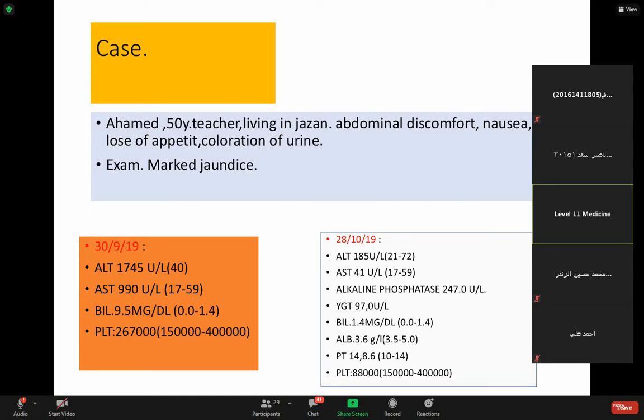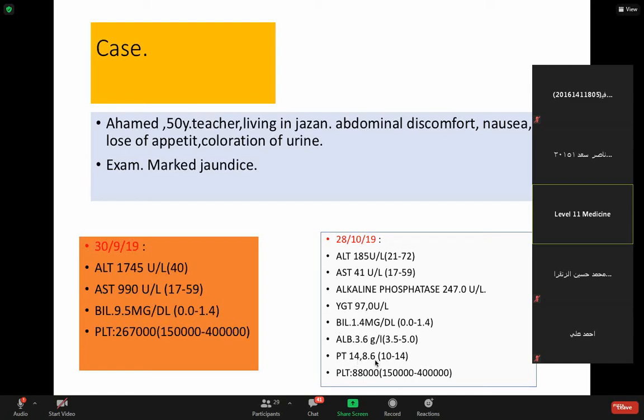Sorry, 9.5. The bilirubin, the platelets are 267, so still within normal. This is in 30th of September. 1 month later, there is an improvement in his ALT, AST, alkaline phosphatase slightly elevated, GGT slightly elevated, bilirubin is now 1.4, platelet 14,000.